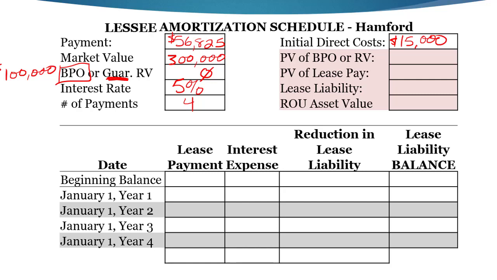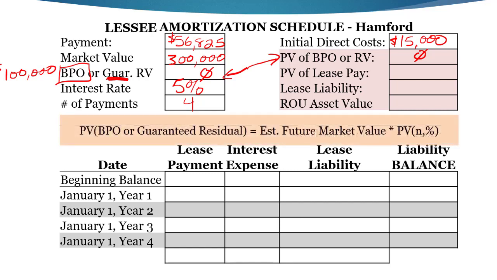Now we're going to use that information to calculate the numbers over here in pink or red. So the first thing we need to do is get the present value of the BPO, or the residual value. That's this number. And the present value of 0 is 0. But if I were to do this calculation, it would be the present value of a lump sum. I can do the present value of the lease payments.